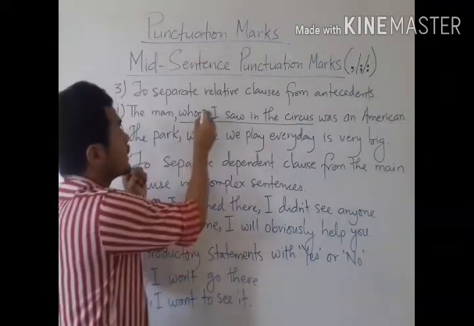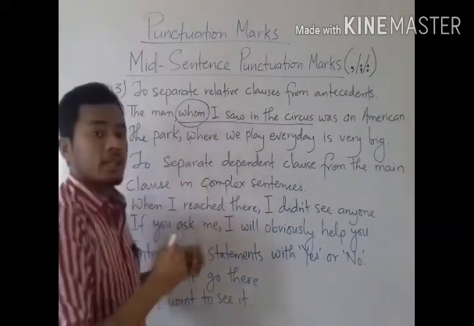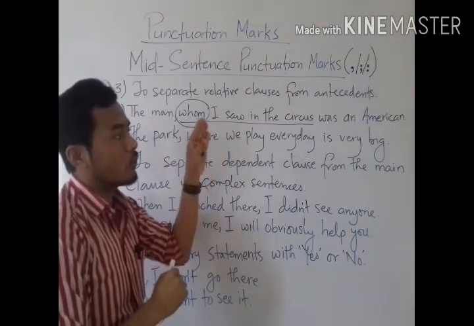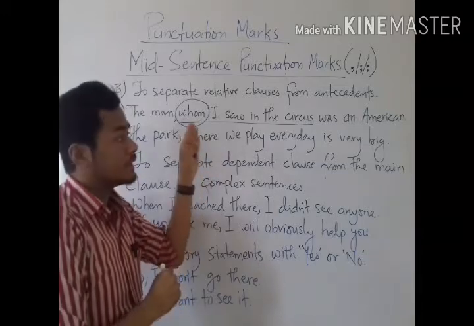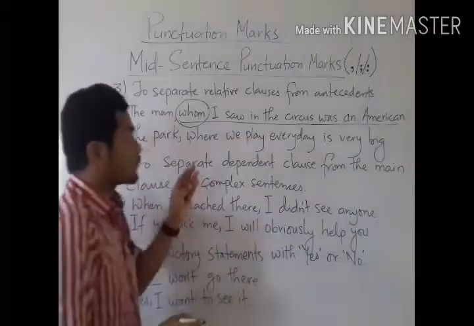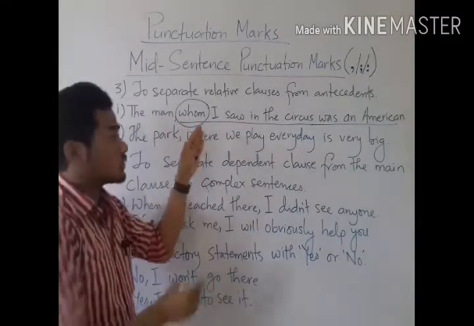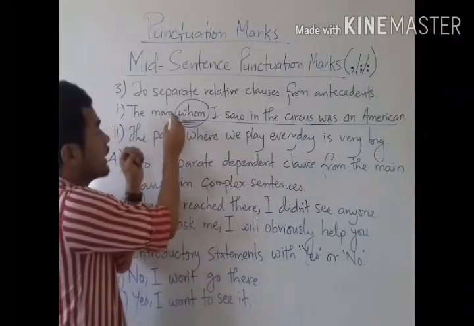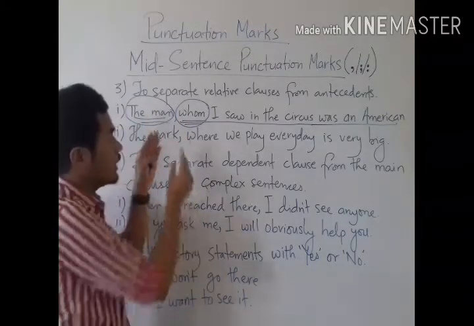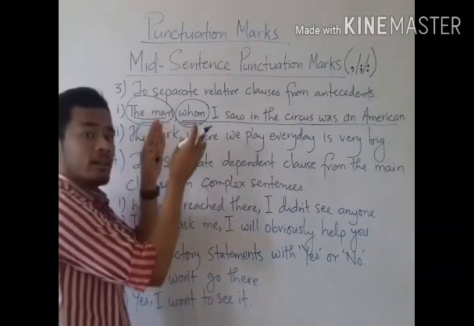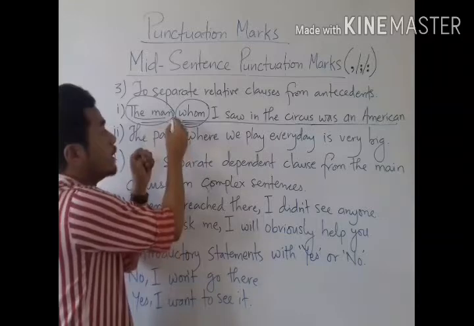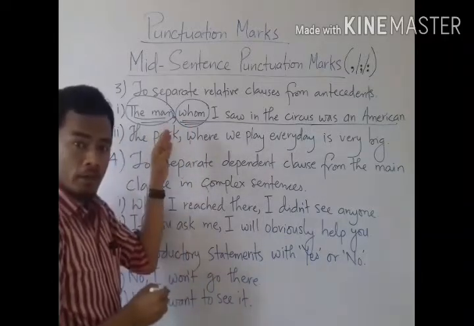So whom, here the clause is started with whom. That means whom I saw in the circus was an American. This is a relative clause, and this relative clause whom is related to the man. Here the man is the antecedent. Okay, so here this antecedent and relative clause are separated by using a comma.